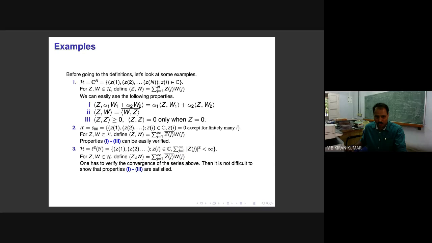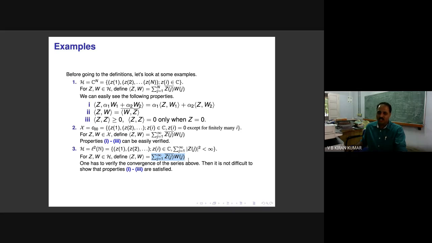So we need convergence of this series to make sense of this inner product of Z and W. Therefore, we give a restriction here. We don't consider all infinite sequences. Instead, we demand square summability: the summation from j equal to 1 to infinity of mod Zj squared is finite. This is important, and as a consequence of this condition, you will obtain that this series is convergent.